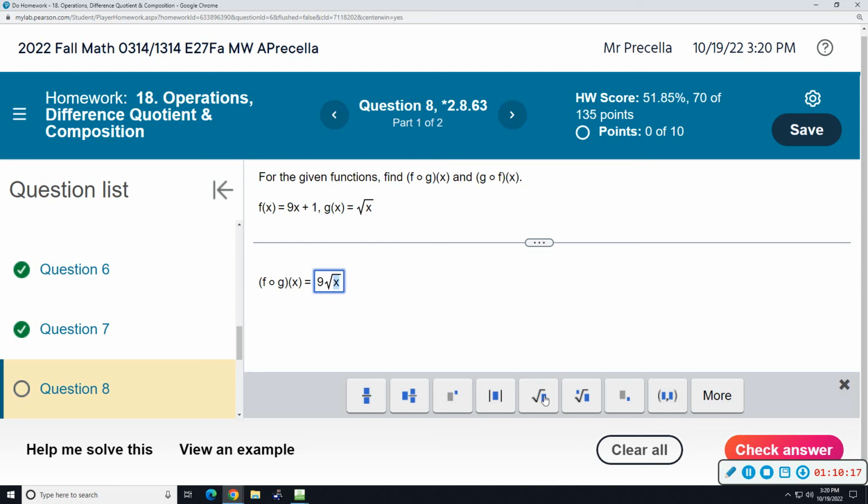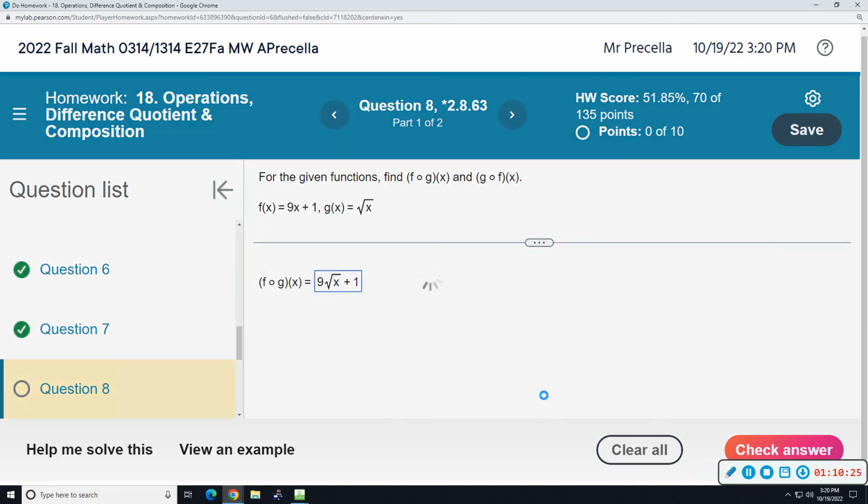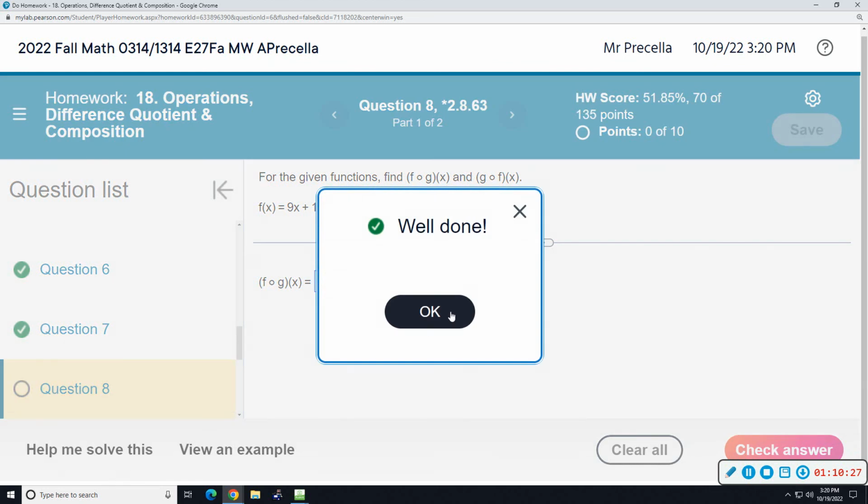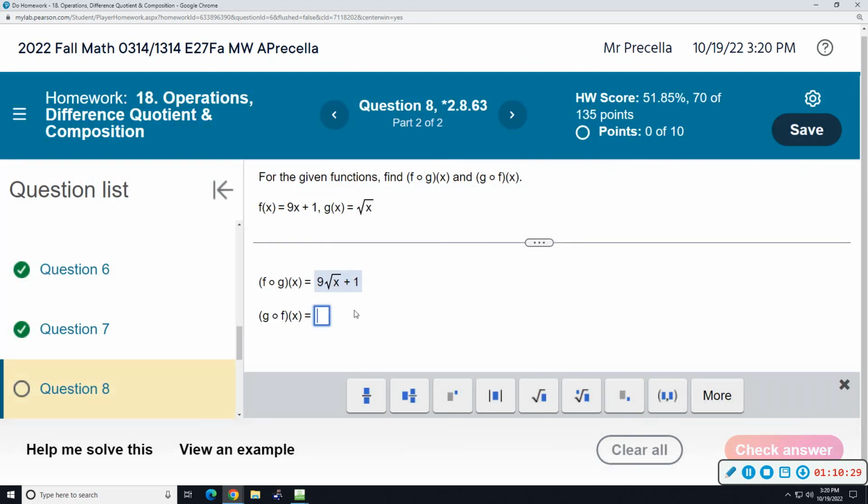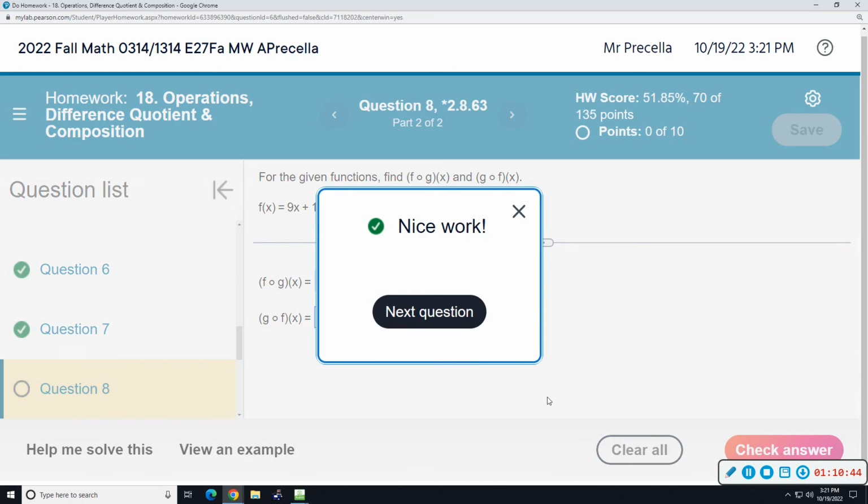The plus 1 is not under the square root, so tap a right arrow or click with your mouse, whatever you do to get out from underneath that radical on your device. You tell me how we're going to type this one in. What am I going to type first? The square root, and then everything else is underneath that square root. Any questions?